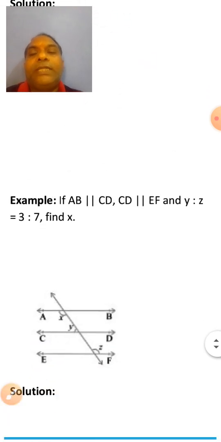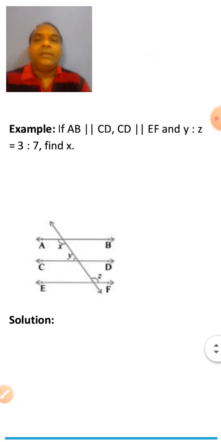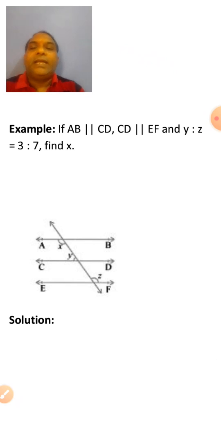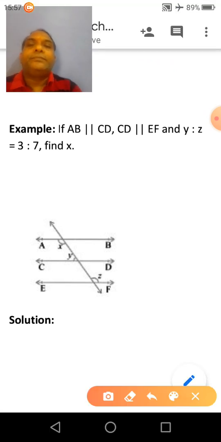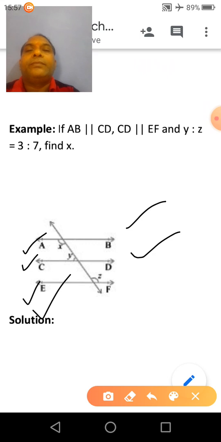Now see next question. If AB is parallel to CD, and CD is parallel to EF, and Y is to Z is equal to 3:7, then find the value of X. Clear?